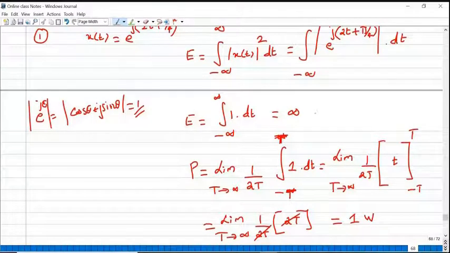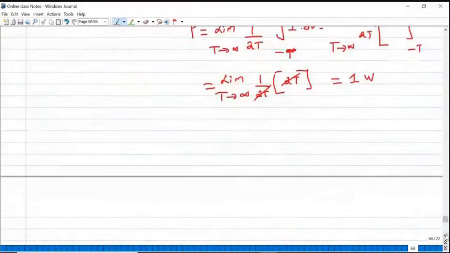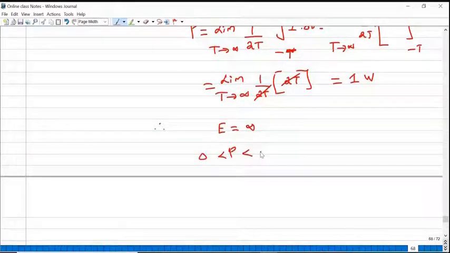Here the energy is infinite. So what is the conclusion? For the signal e power j(2t plus pi by 4), the energy of this particular signal is infinite, and the power of this particular signal is finite, that is 1.